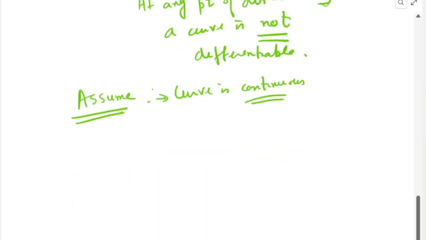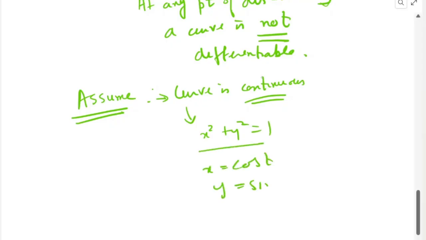Curve here means, if I take the circle x square plus y square equal to 1, or in the parametric sense, x equals cos t, y equals sin t, I will be dealing with this parametric form right now because I want to deal with vectors. And vectors mean components. So here you are getting two components.